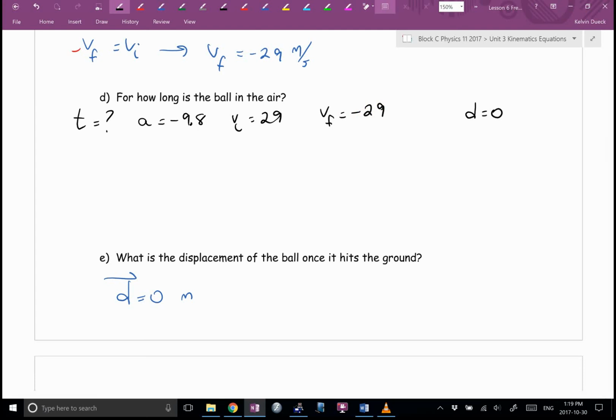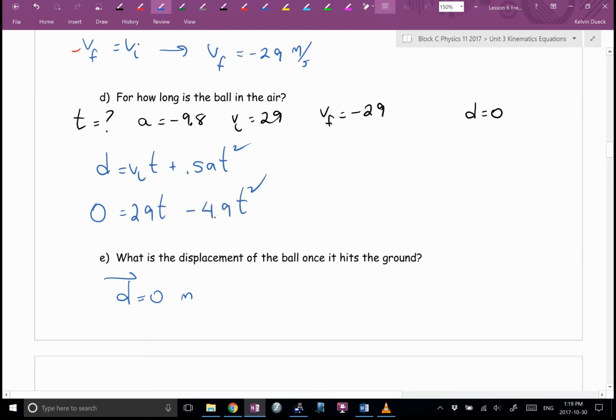Put your pencils down, just look up for a second. Oliver, if we use D, the equation that we end up using is this one. Oh, no squared yet, Mr. Duke. Plus 0.5 AT squared. When you plug in D equals 0, you get 29T minus 4.9 T squared.